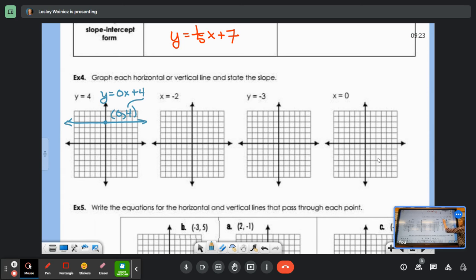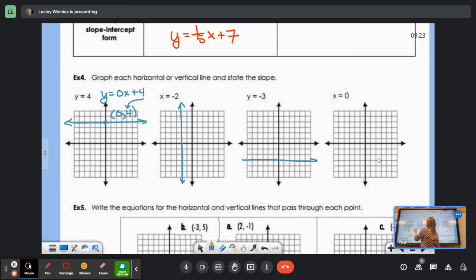from this b value. Okay, so if the y ones go this way, which direction do you think the x ones go? Up and down. So this one is going to be a vertical line through x equals negative 2. All of the points who have that same x value. All right, what about this one? Y equals negative 3. Horizontal or vertical?